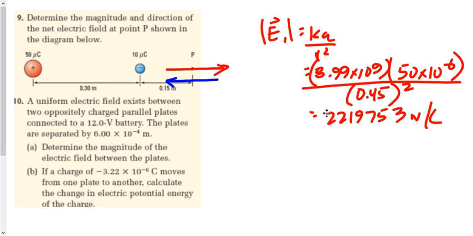Now we calculate the second one. KQ over R squared again.